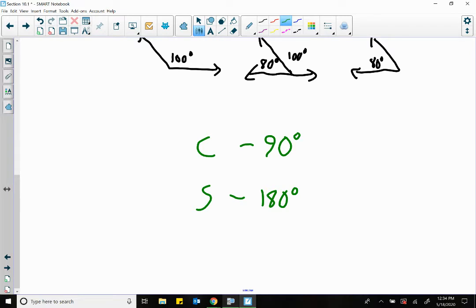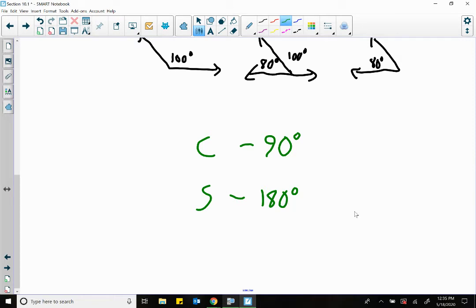So, if you're thinking alphabetically, C comes before S. The word complementary would come before the word supplementary in the dictionary. When we count, 90 degrees comes before 180 degrees. So these are in order, alphabetically and numerically. C for 90, S for 180.